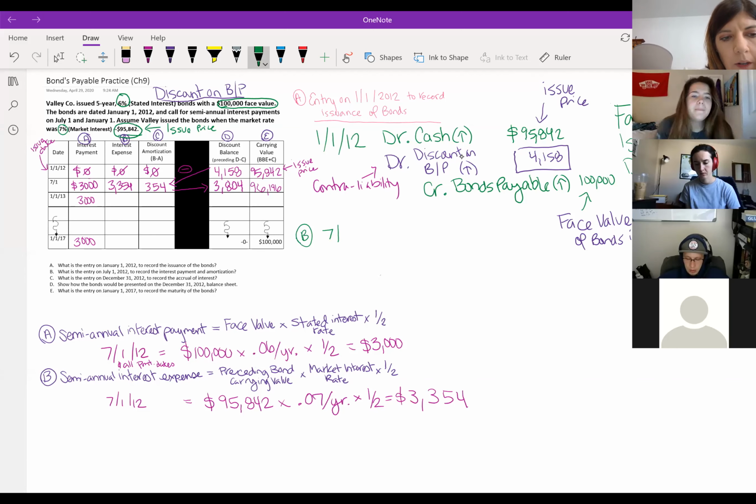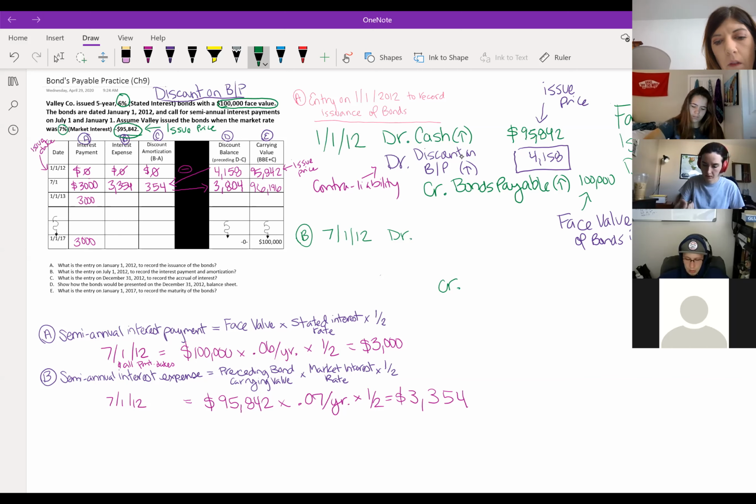So part B, what is the entry on July 1st, 2012 to record the interest payment and amortization? So we have one debit and we're going to skip a space for a credit. What am I going to debit on July 1st, 2012 to record this first interest payment date? How do I record interest?